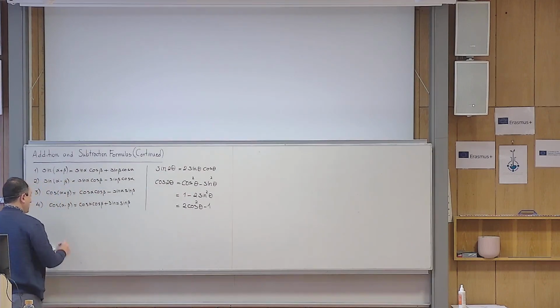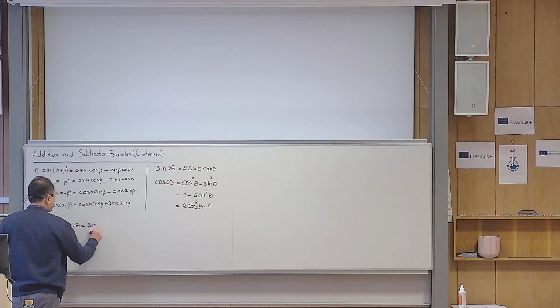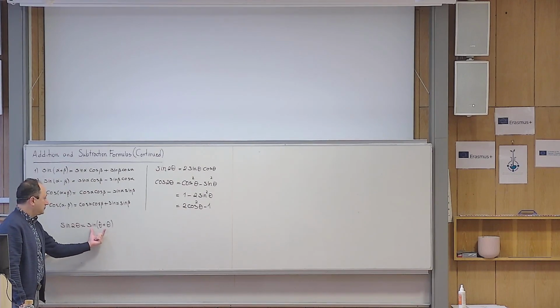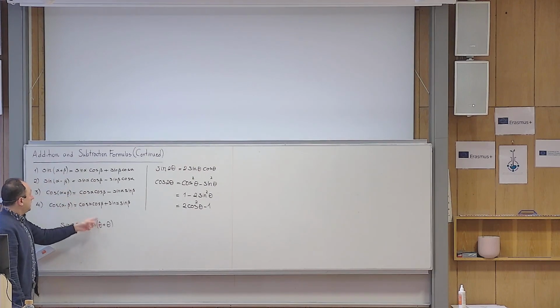If you want to show why this is true, I would say that, okay, sine 2 theta means what? Means sine of theta plus theta. Yes, do you doubt this? Theta plus theta is another name for 2 theta, yes? So I wrote this in this form, but what is the benefit? Because immediately you see that the first formula in this list is applicable here, if I give the role of alpha to theta and the role of beta to theta again.